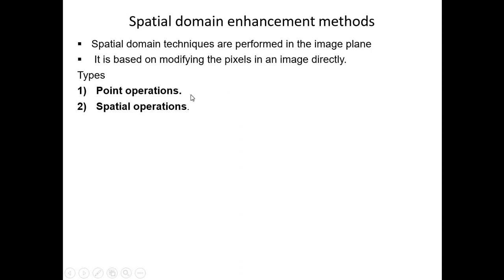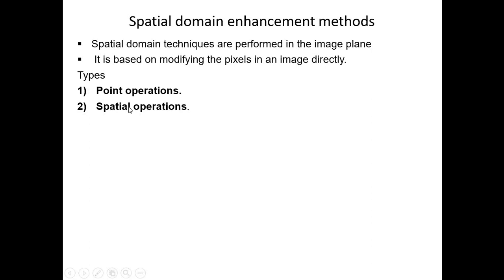Now we understood what is point operation and spatial operation. So in point operation, the transformation applies on the candidate pixel alone, right? So whatever is the transformation operation, transformation function, that operator we are applying on the candidate pixel alone, and that results in a new value of the candidate pixel.